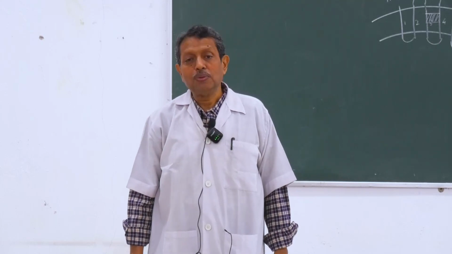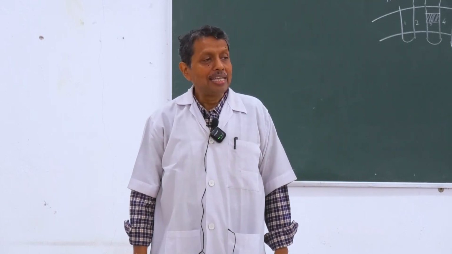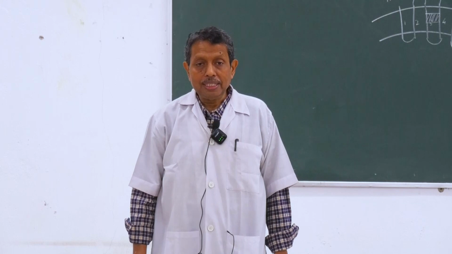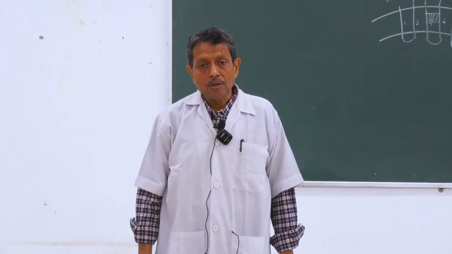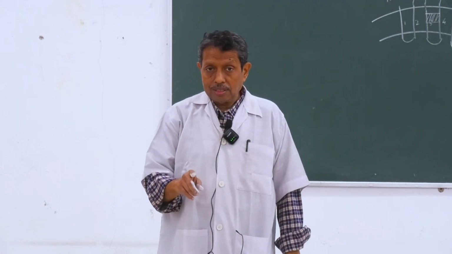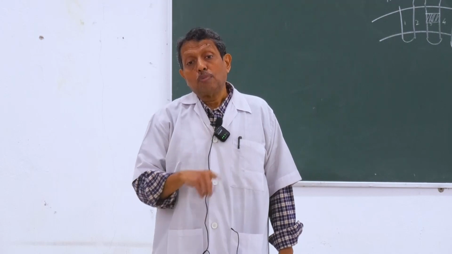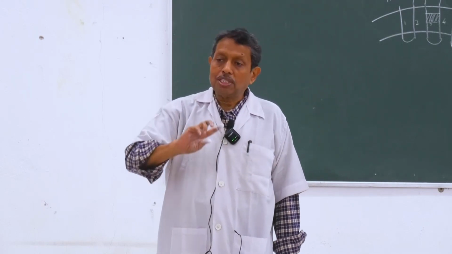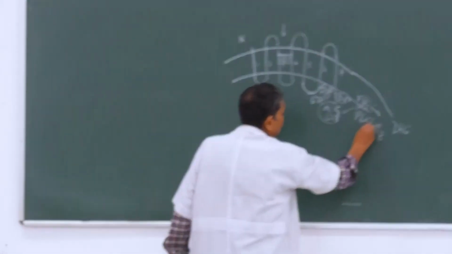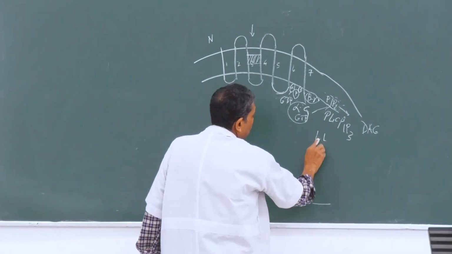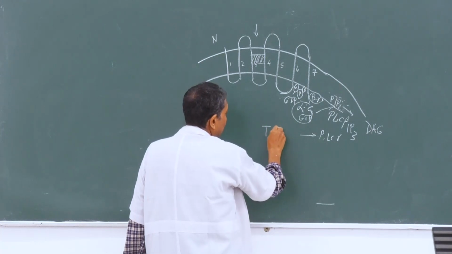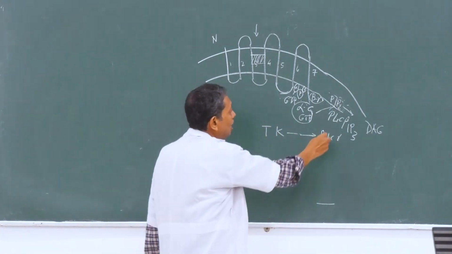It is called PIP2 in short, and it is acted upon by phospholipase C. Phospholipase C beta 1, beta 2 variety, or in case of tyrosine kinase activating ligands, phospholipase C gamma. It is another variety but has the same function.